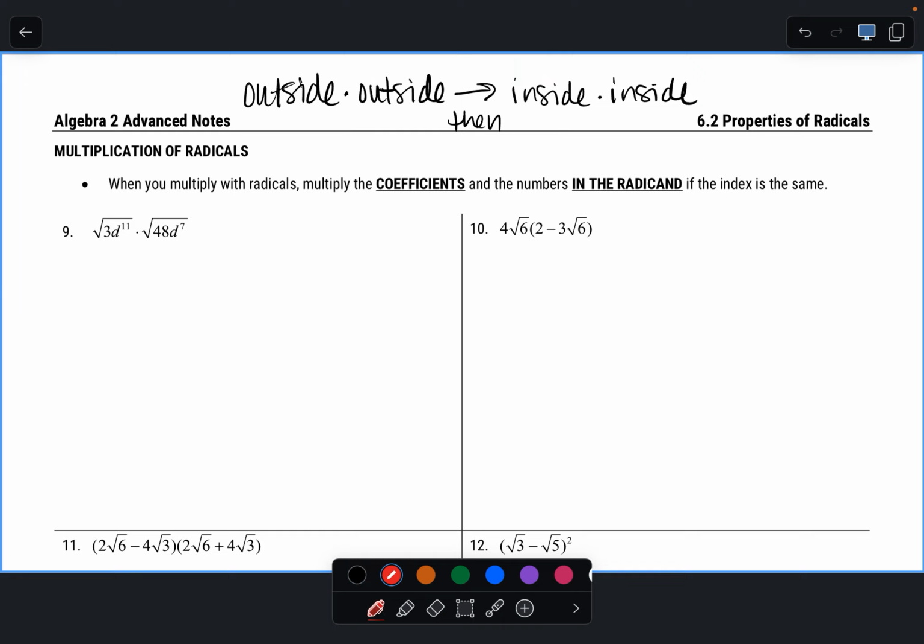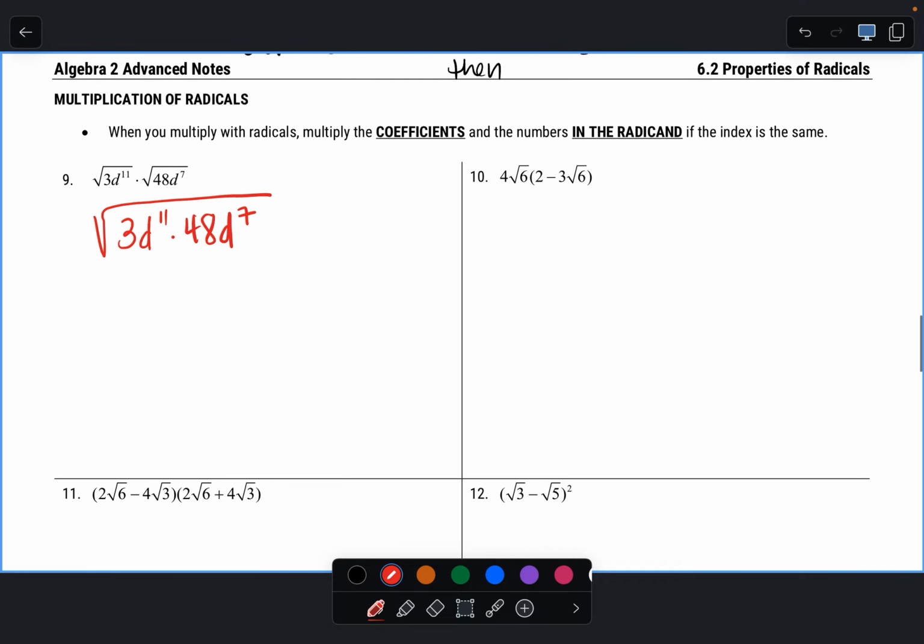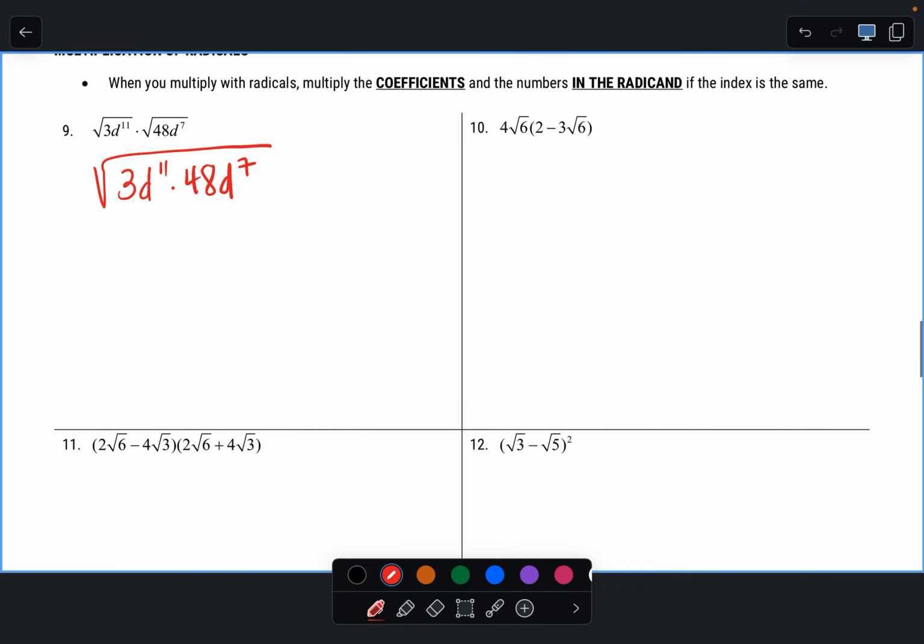Okay, so that is if you have radical times radical. Now, whenever I'm distributing, I have to pay attention. You're not going to distribute when you just have radical times radical. The big important thing to notice for number 10 is that there is a minus sign in between 2 and 3 square roots of 6.